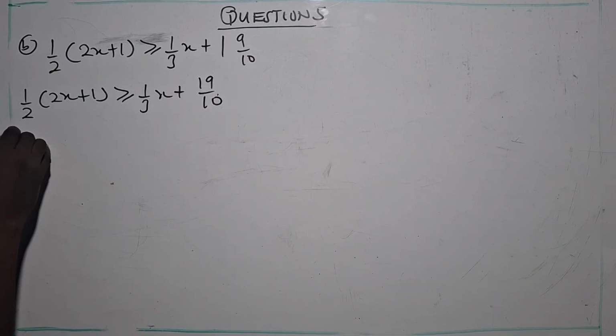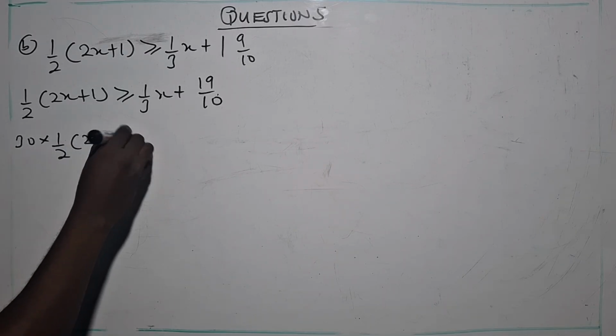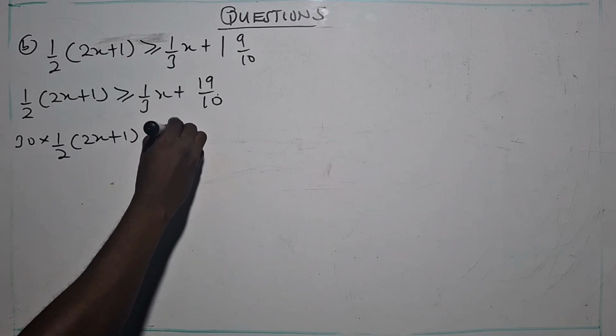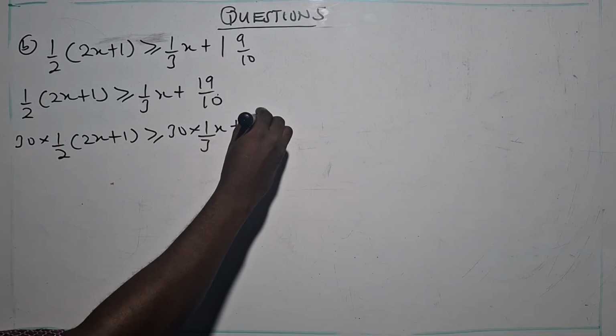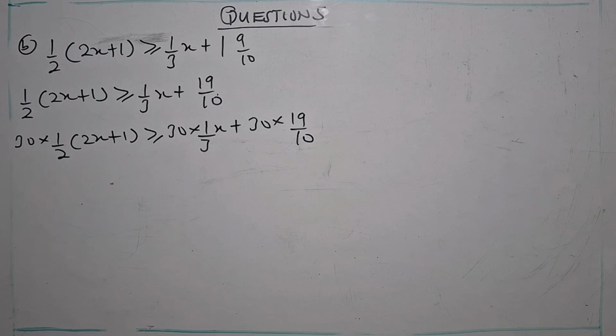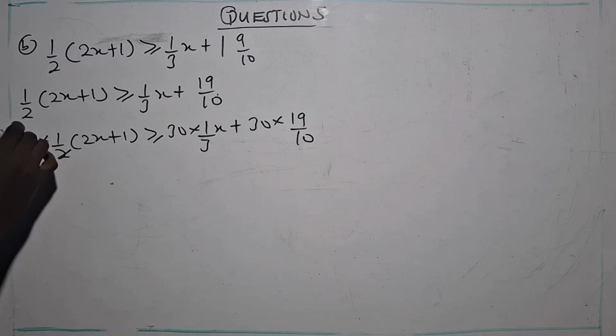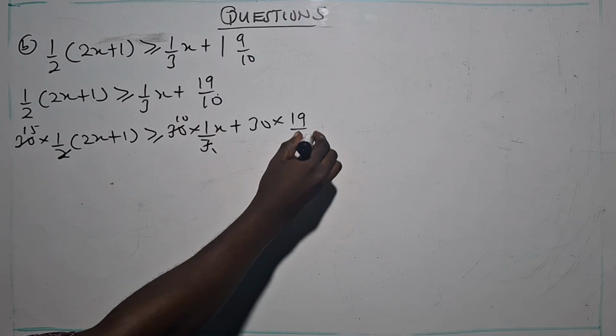So here I'm going to have 30 times 1 on 2, 2x plus 1 greater than or equal to 30 times 1 on 3x plus 30 times 19 on 10. So this will take out this. How many times? 15. 2 can go in 30, 15 times. 3 can divide here 10 times.